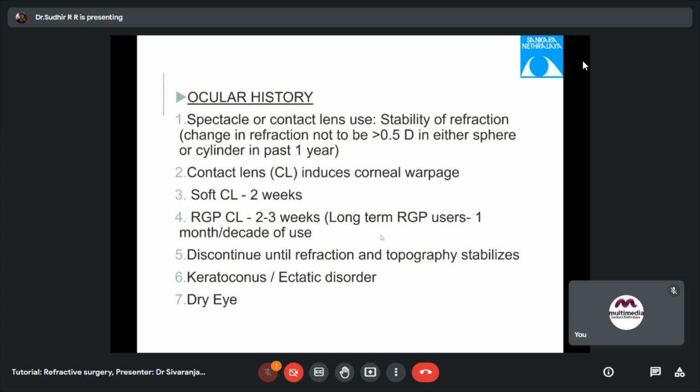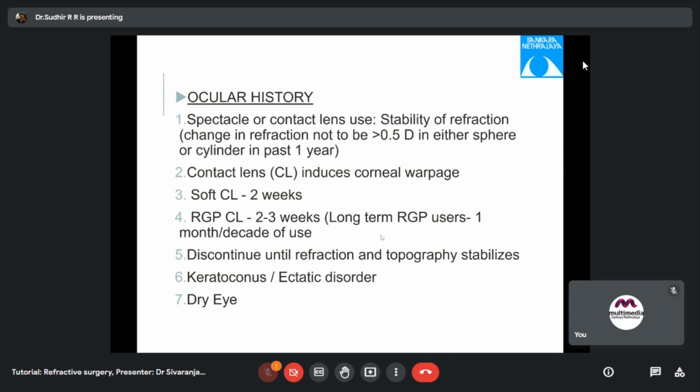When we wear a contact lens, what changes occur in the tear film? I think we had a class two to three weeks back on contact lens, different types of contact lens. The oxygen permeability changes. So what happens when the oxygen is not proper?